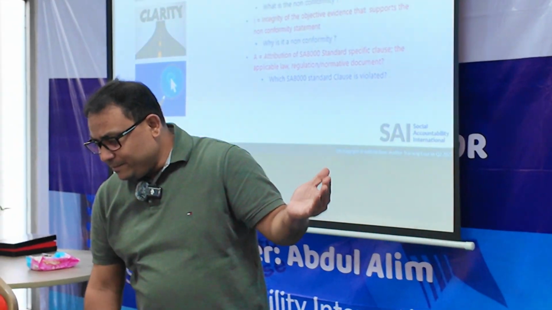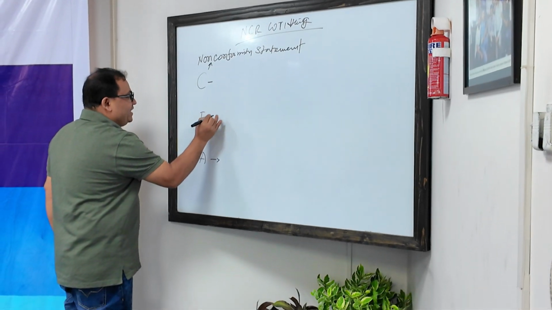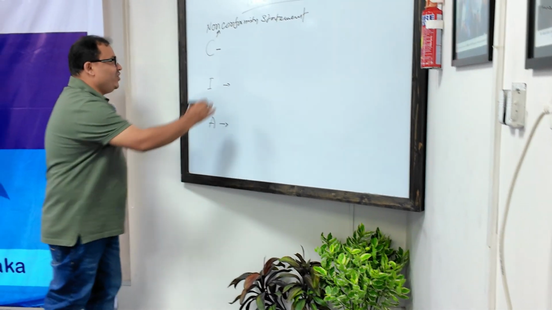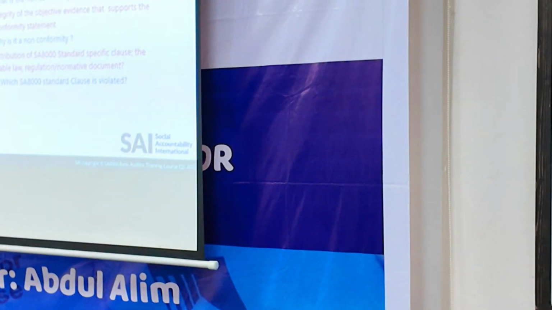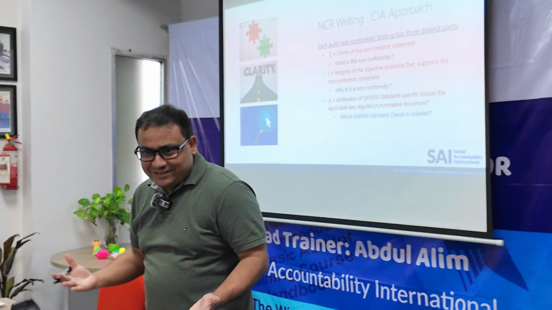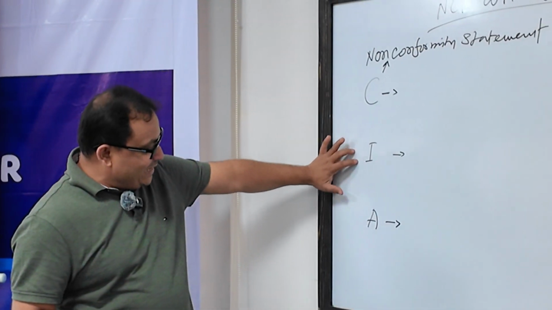This is your integrity. It means you are blaming me, so what is the basis? What is your proof? This is called integrity. So as a whole we can say CIA.